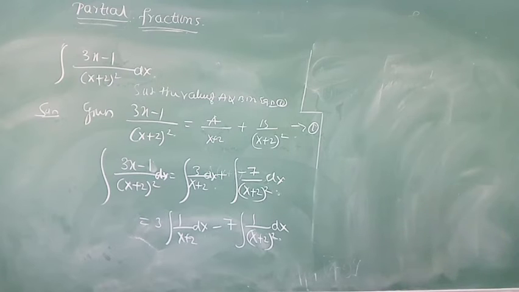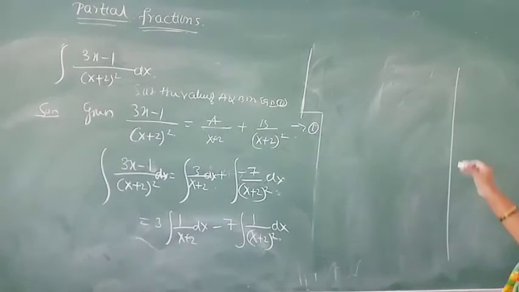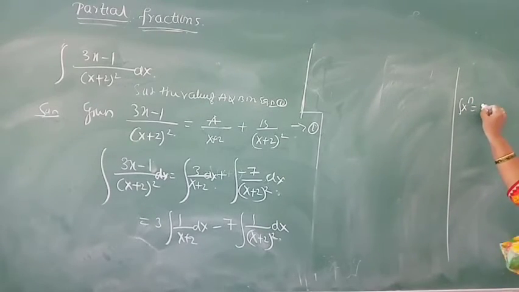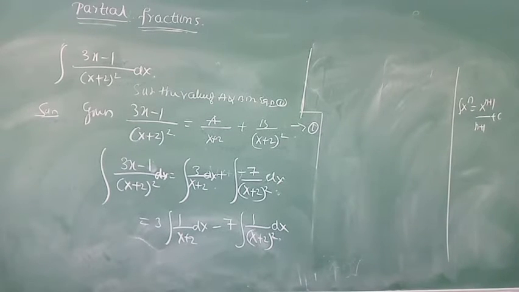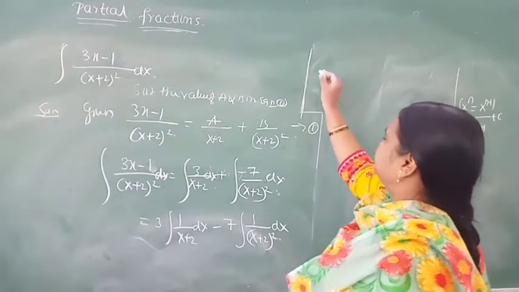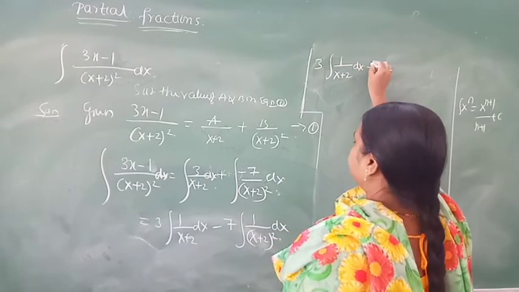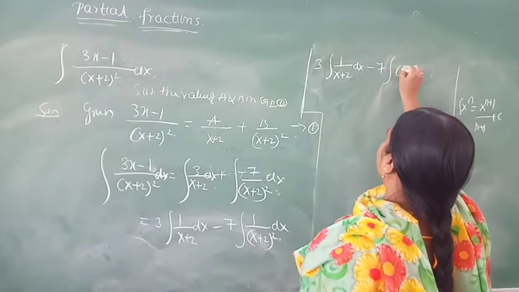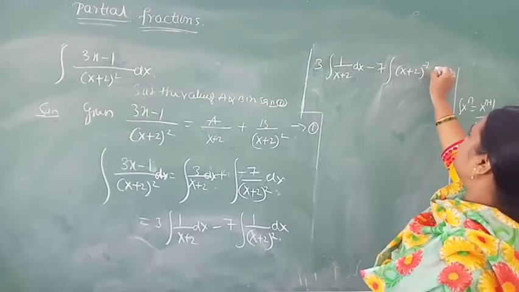Next, this can be done as integration of x to the power n is x to the power n plus 1 by n plus 1, correct? Therefore this can be done as 3 integration of 1 by x plus 2 dx minus 7 integration of x plus 2 to the power minus 2 dx.